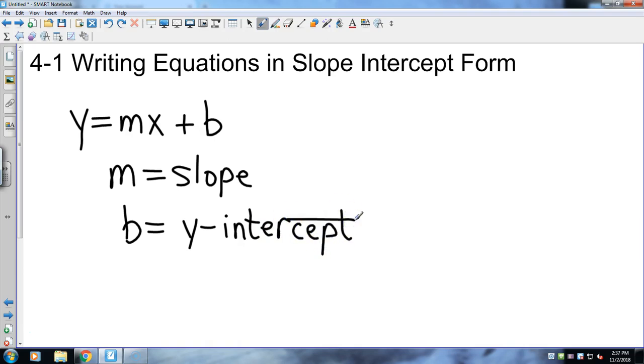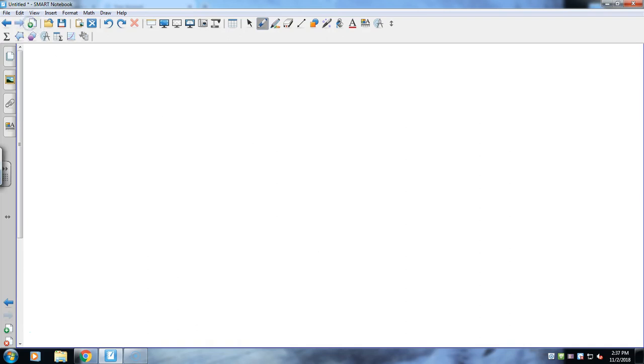Remember the y-intercept is where it hits the y-axis.